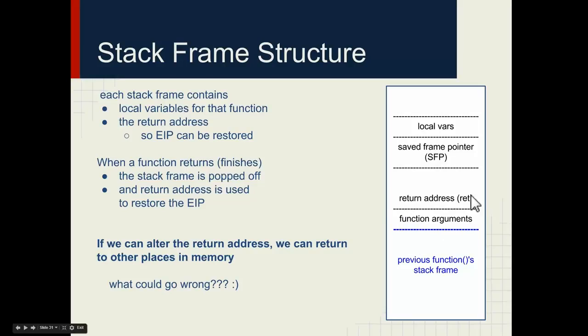Then it pushes the return address, then it pushes the saved frame pointer, so that when it returns, it restores the stack frame, and then the local variables get pushed on afterwards. If you can alter the return address for any given stack frame, you can cause the processor to point to other parts of memory and start executing there.